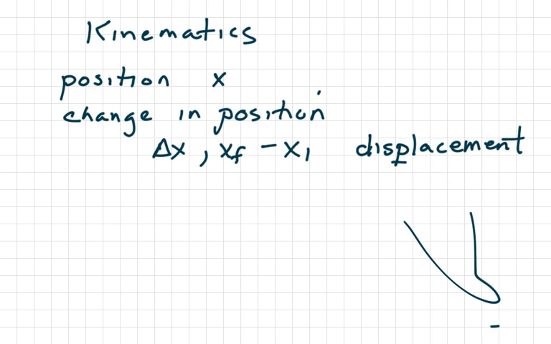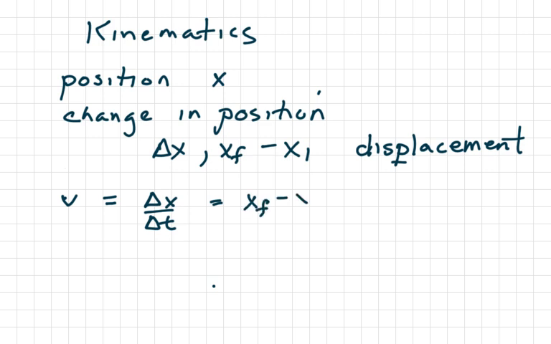If we want to study our velocity, we will indicate that with a small v. And this is delta x over delta t, which is x final minus x initial divided by t final minus t initial.